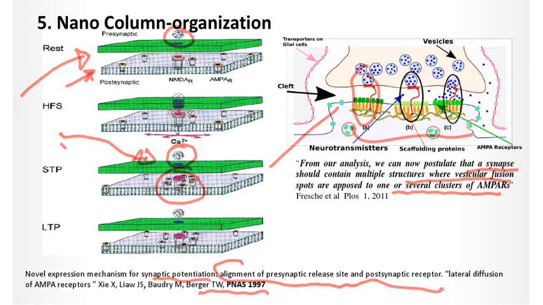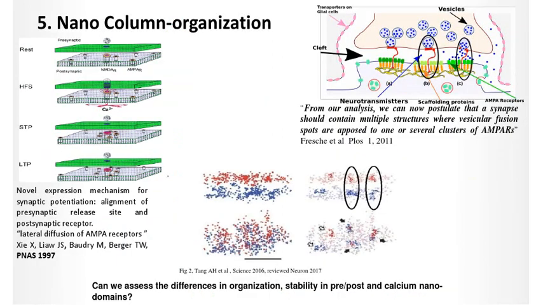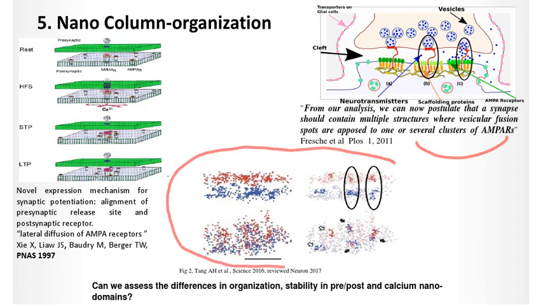And interestingly, this theoretical hypothesis that came from simulation, but also from the analysis of miniature events, a couple of years later, in the group of Blanpied, was observed experimentally, where you see the alignment of pre- and postsynaptic elements, AMPA receptors, and where vesicles are going to dock.